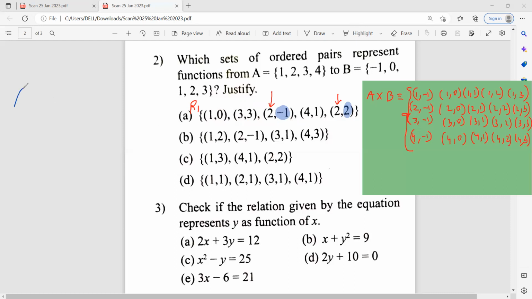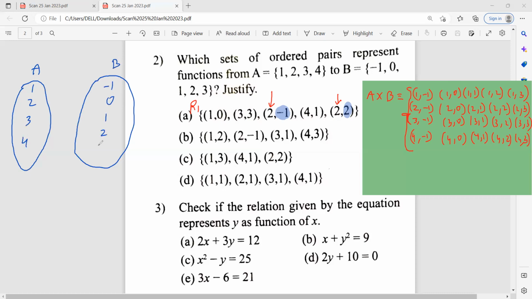If I do the same thing in the arrow diagram way, the one that we just saw: I write A here and B here. A has 1, 2, 3, 4. B has minus 1, 0, 1, 2, 3. So 1 goes to 0, 3 to 3, 2 to minus 1, 4 to 1, then again 2 to 2.